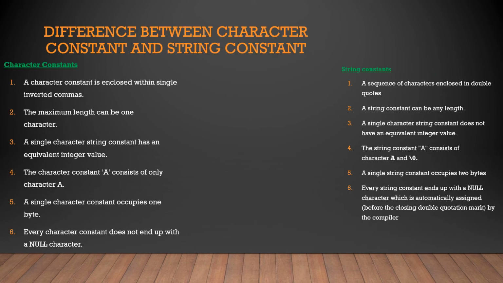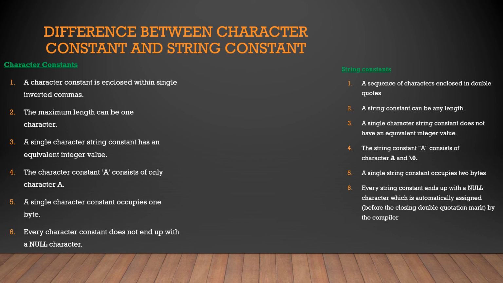So next we'll see the differences between the character constant and string constant. A character constant is enclosed within single inverted commas, single quotes, whereas a string constant is enclosed within double quotes. The maximum length is one character, but there is no restriction for a string constant.